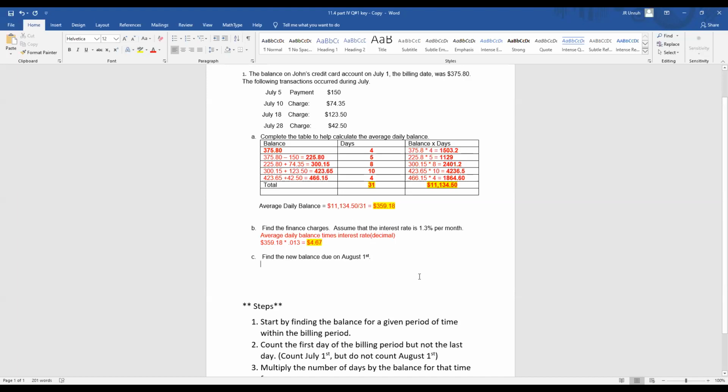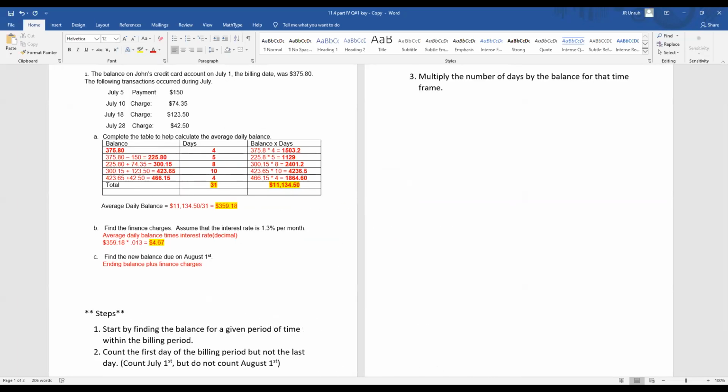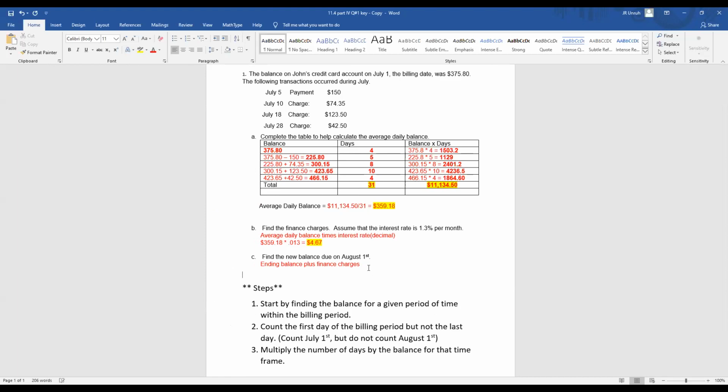Letter C says find the new balance due on August 1st. The new balance will be the ending balance plus finance charges. Let me just highlight that. So it's going to be the ending balance. Let me get my cursor at the right spot.